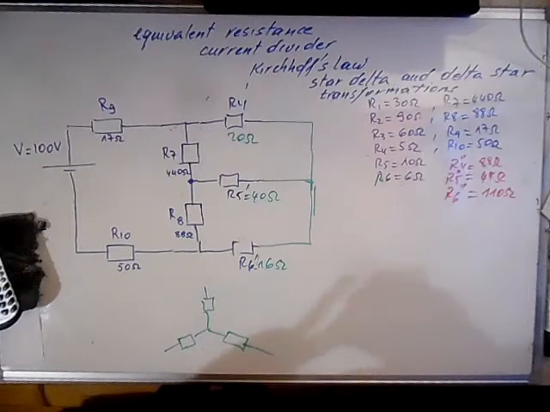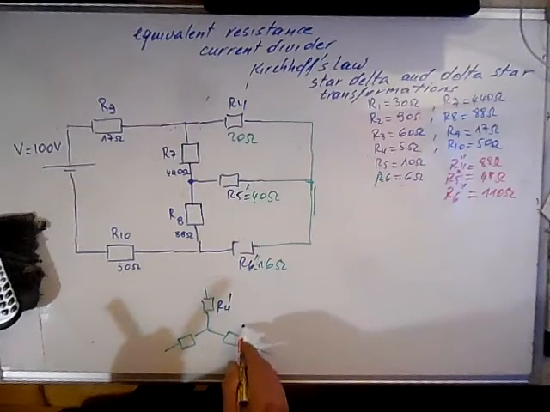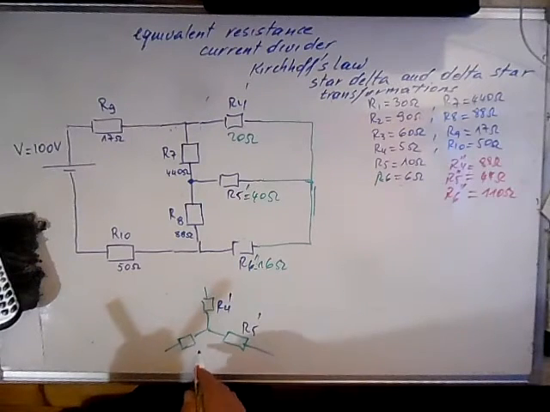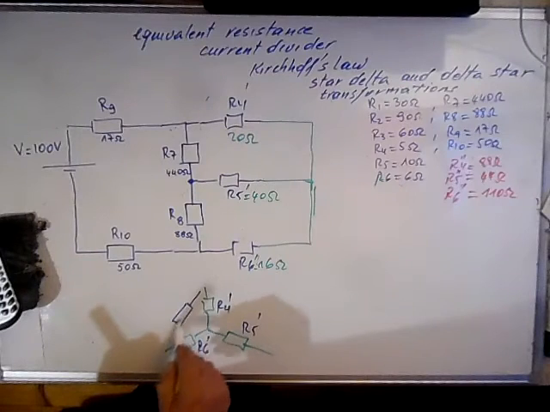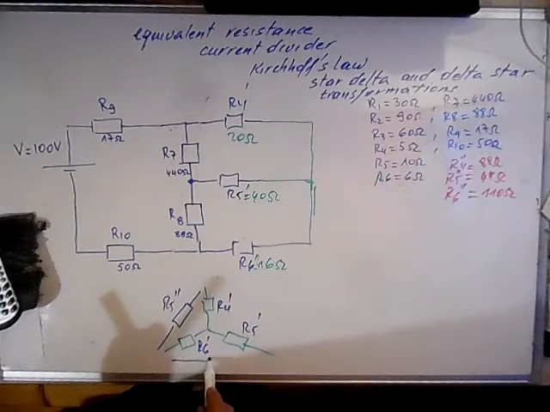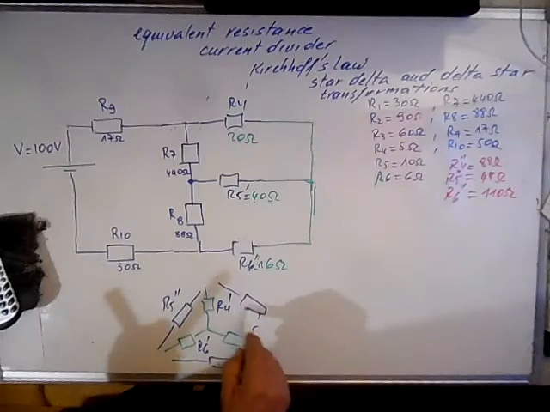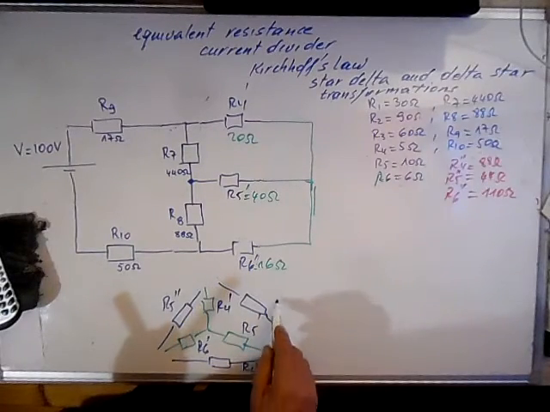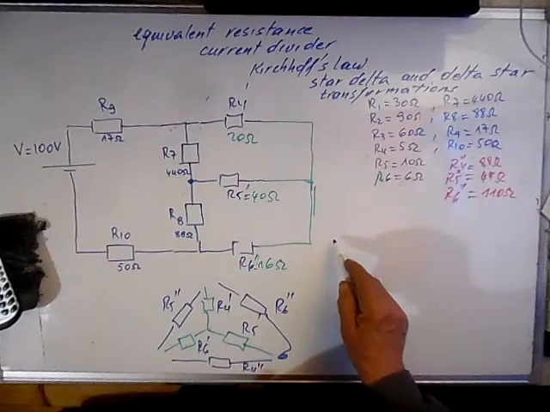So it means we will have, if this one is R4 prime, this one R5 prime, this is R6 prime, so we have R5 prime, R4 prime, and this is R6 prime. We can calculate this.